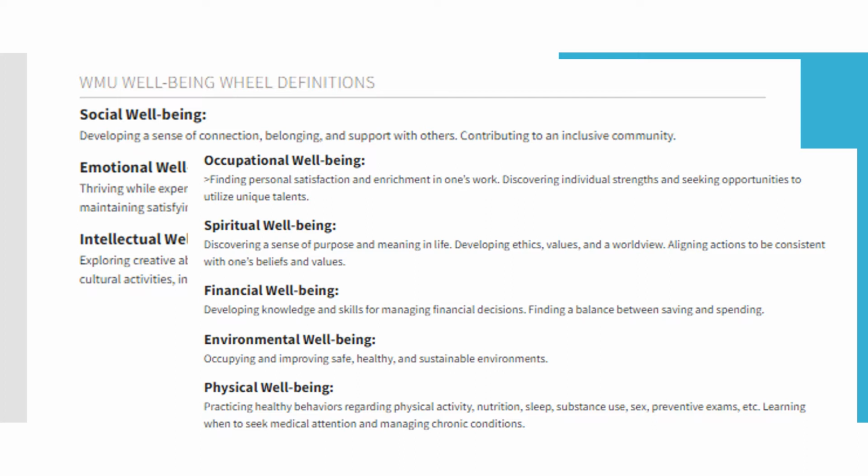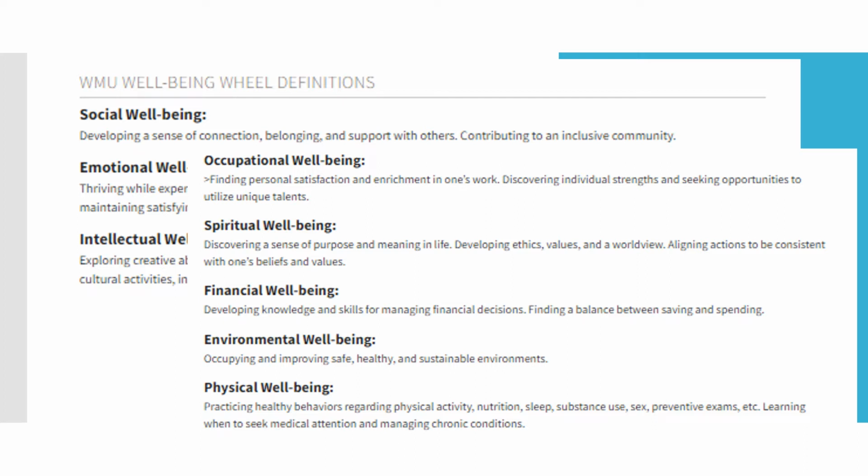Spiritual well-being is recognizing your meaning in life, your purpose, aligning what your choices and actions are to your own beliefs, morals, values. Financial well-being is related to the skills for managing financial decisions.